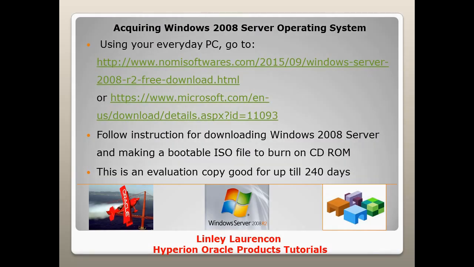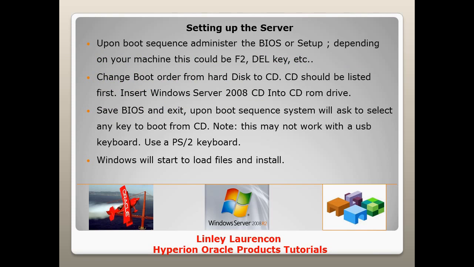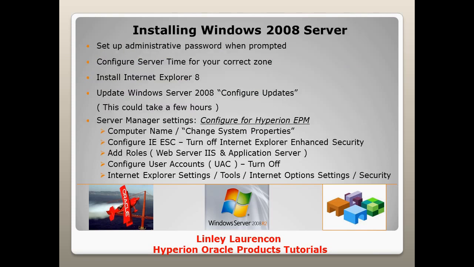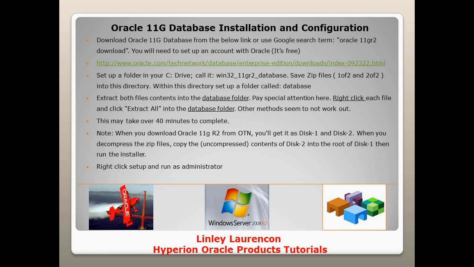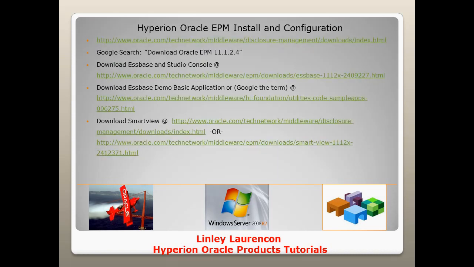We're going to go through acquiring the Windows 2008 operating system for free and getting it on a CD. We're going to go through setting up the server, installing Windows 2008 on the server and configuring it, installing Java. We'll also go into Oracle 11g database installation and configuration. Last but definitely not least, finally getting Oracle EPM installed and configured.